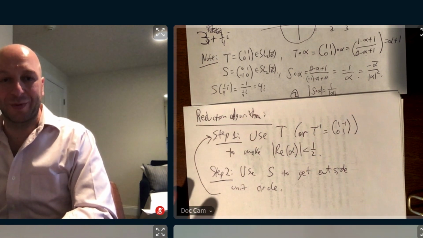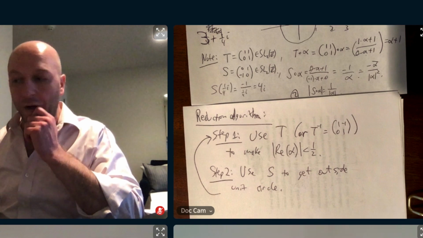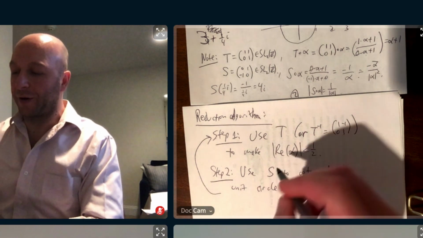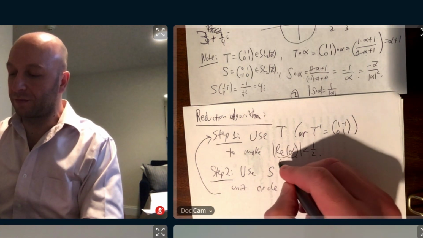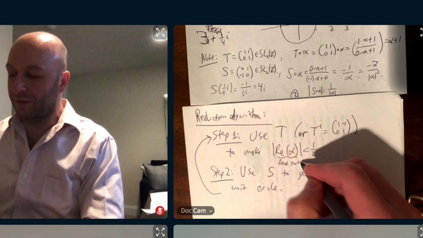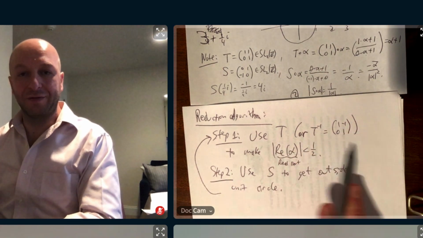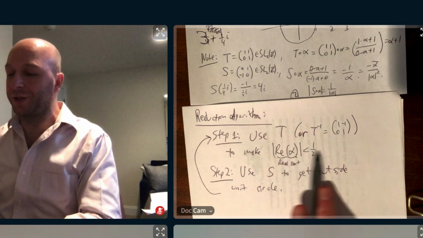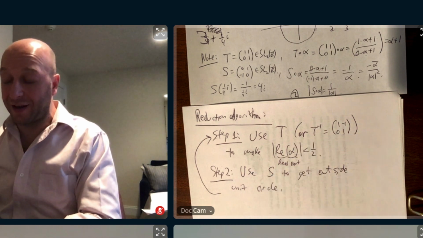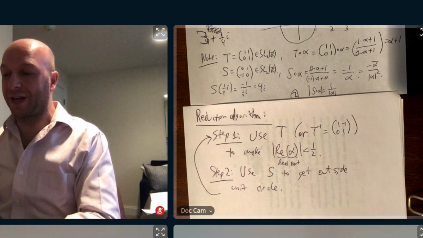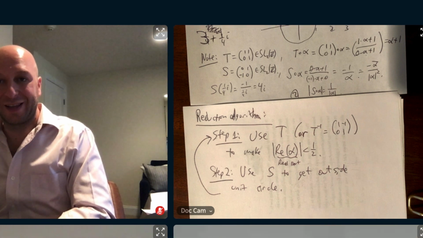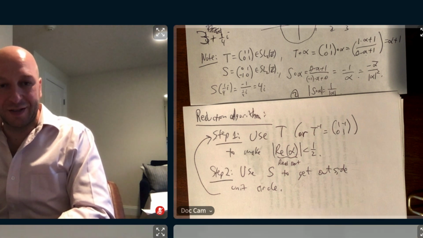Let's do another example. What is the real part of alpha? T is a translation, so all T can do is change the real part. What S does, if you're not outside the unit circle, is something very interesting.